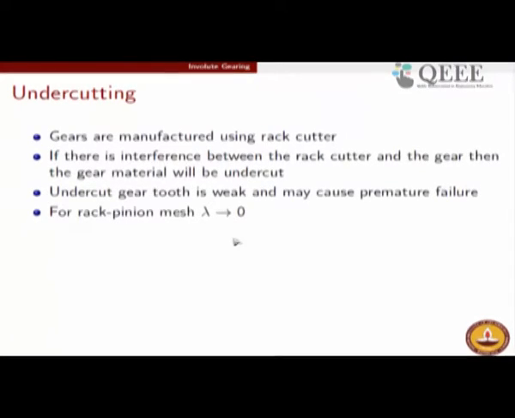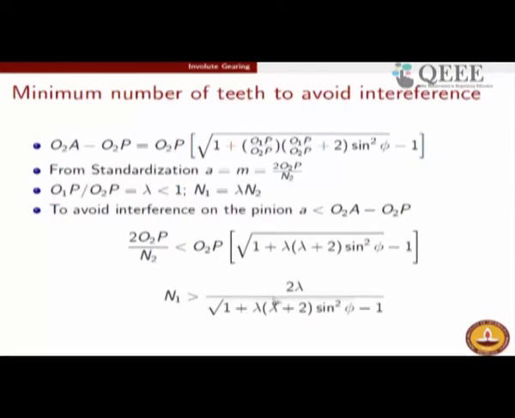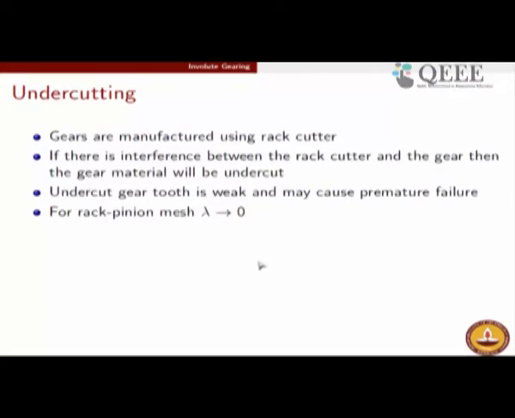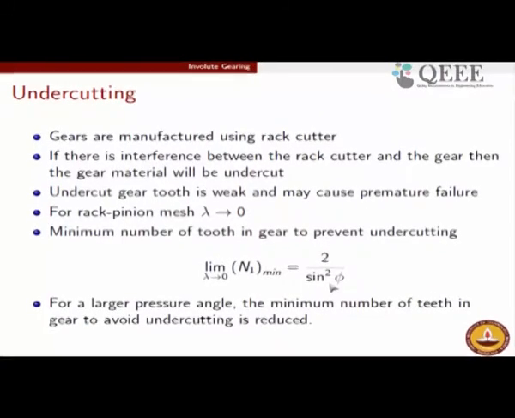So, if we take that limiting condition into this formula, what we will get by application of L'Hospital's rule is this formula: 2 by sine square phi. So, the minimum number of teeth which must be given in a gear such that the rack cutting operation can be done without any interference leading to undercutting of the teeth is 2 by sine square phi.